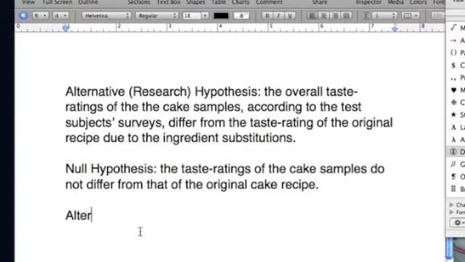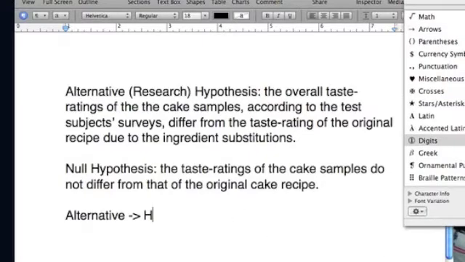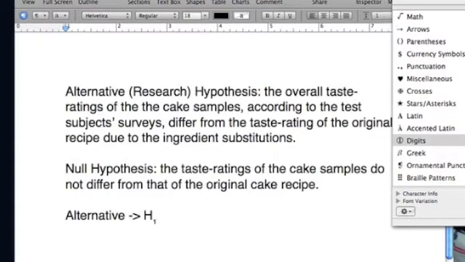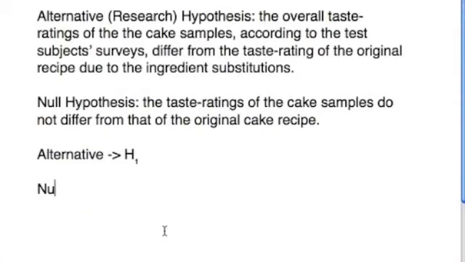Okay, so the conditions of the alternative hypothesis we actually write as H sub 1. I'm going to try to enter in a sub 1. Aha! H sub 1. The null hypothesis, conversely, we write as H sub 0.